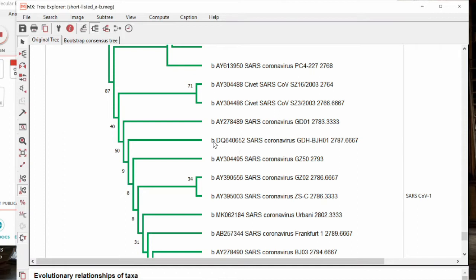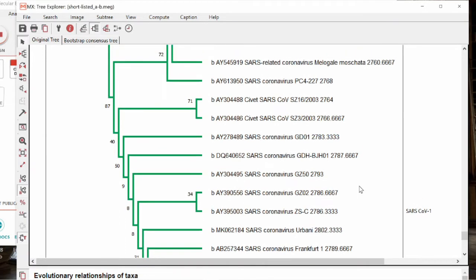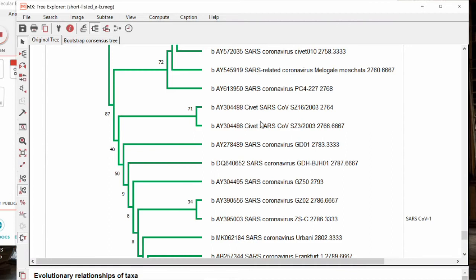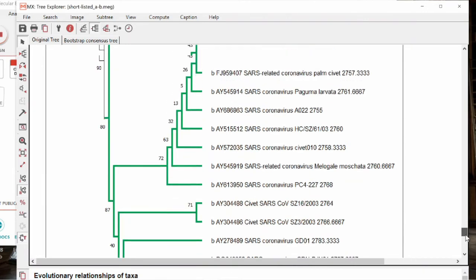So what we have here in the SARS-1, we have civets, we have SARS coronavirus, SARS-1. So this is civets, and as we know, in the SARS-1 case the civets were the intermediate hosts. Not the high bootstrapping numbers, so they're grouped together with the SARS coronaviruses.